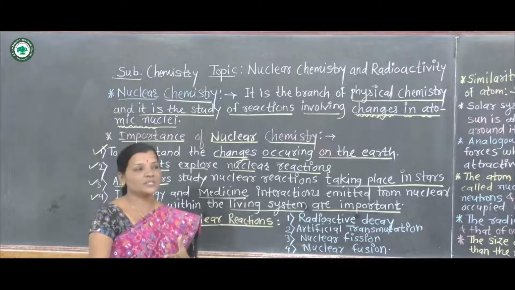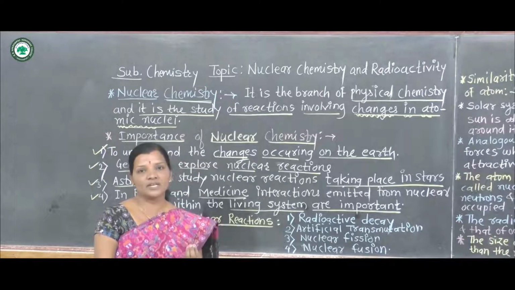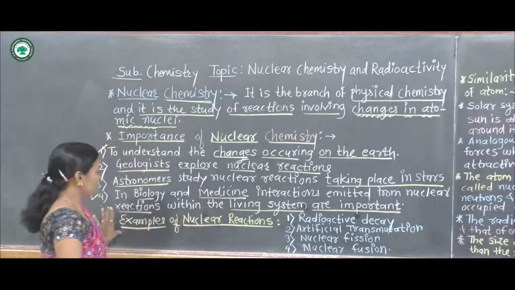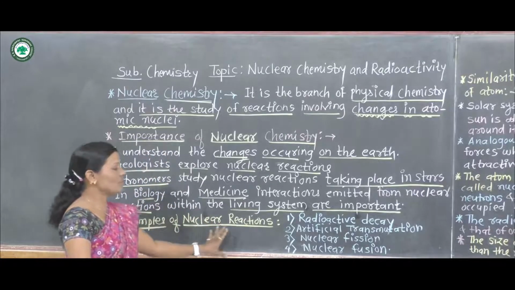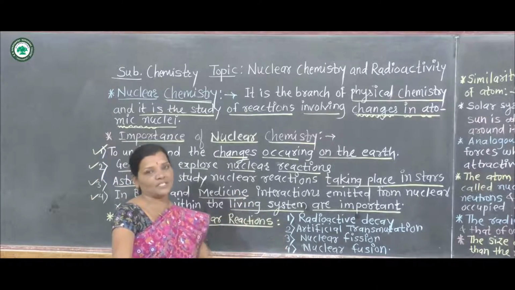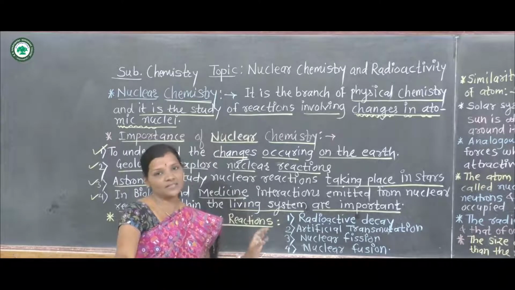Nuclear chemistry and radioactivity were first studied by the scientist Henri Becquerel. Here we also know examples of nuclear reactions, which are common examples, and we have to study them in detail in this topic.